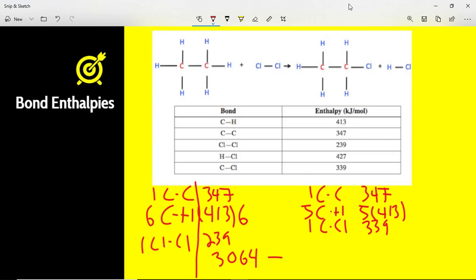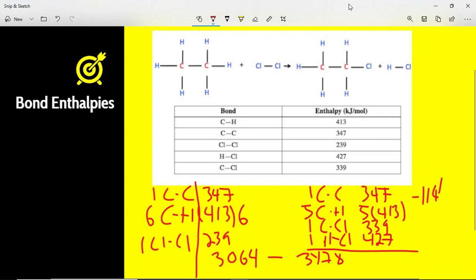And I also have 1 hydrogen-chlorine bond, and that is 427. I'm going to take the sum of all of those values, and what I get is 3,178 kilojoules per mole. Subtract the two answers, and what you get is an answer of negative 114 kilojoules per mole.